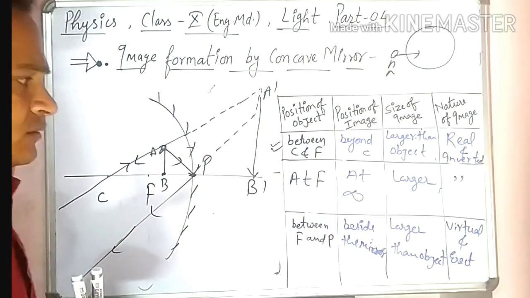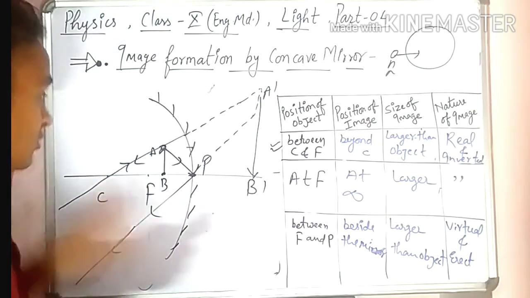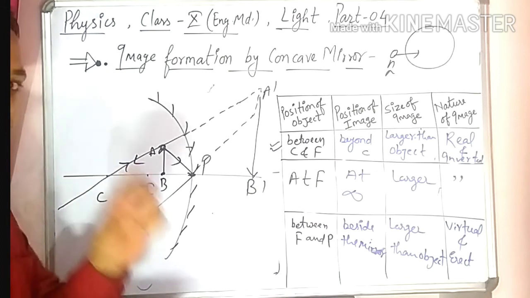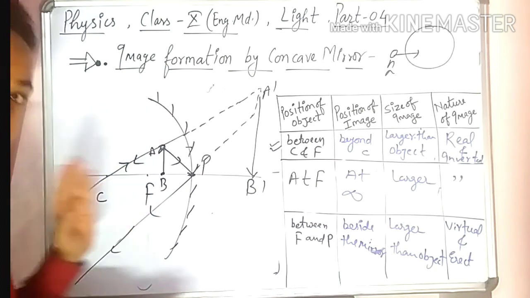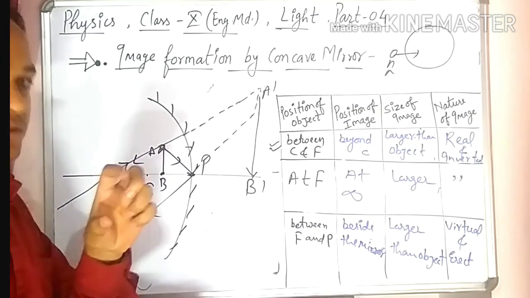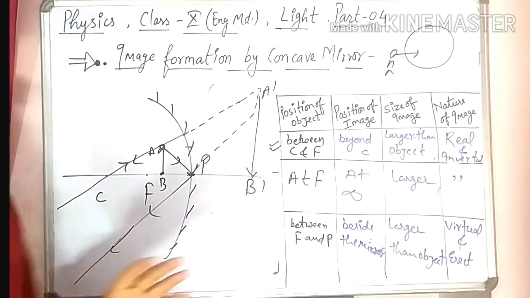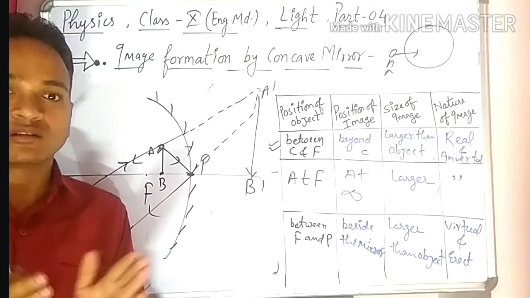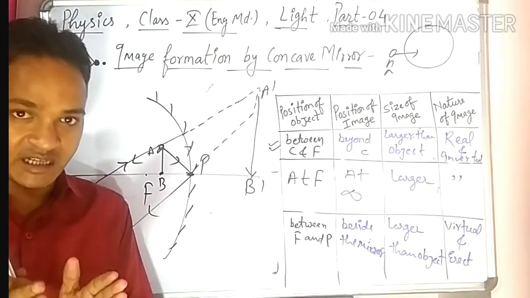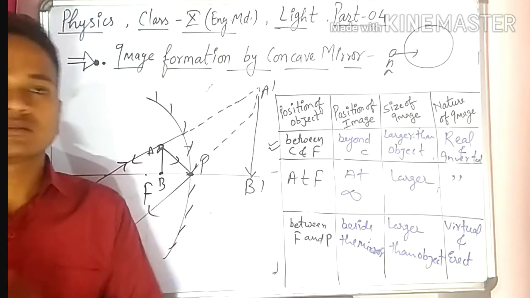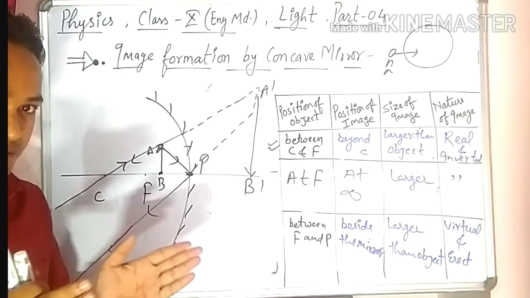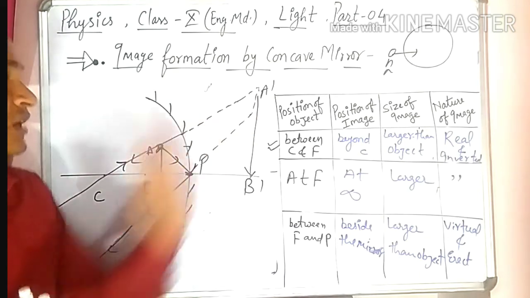What are we observing? When the object is at infinity, the image forms at F. When the object is beyond C, the image is formed between C and F. When the object is at C, the image is formed at C. When the object is between C and F, the image is formed at infinity. When the object is between F and P, the image is formed behind the mirror.